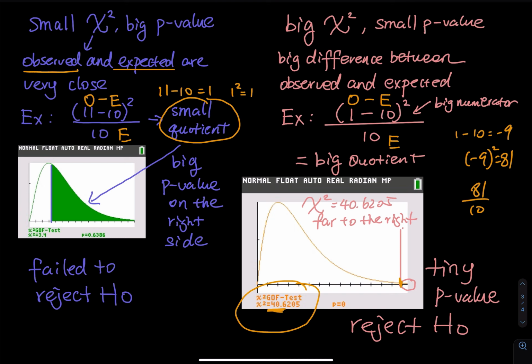So when you have a big chi-square, most likely you will end up with a small p-value, and most likely you can reject H0. On the other hand, when you get a small chi-square, it means observed and expected are pretty close, so you get a very big p-value. Most likely that is a fail to reject.